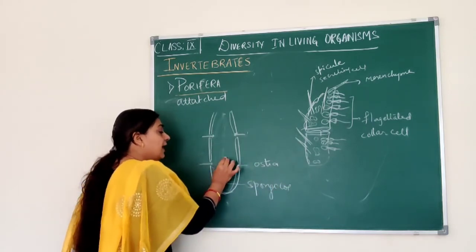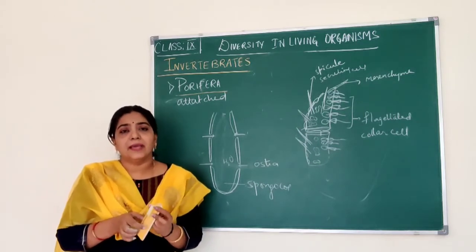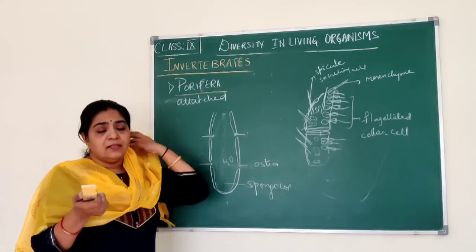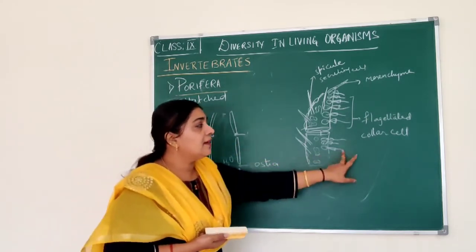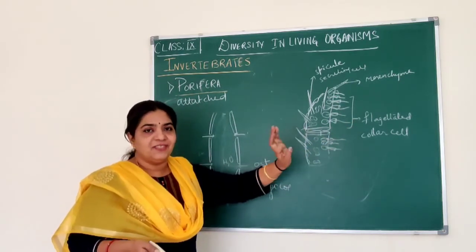So the water will enter inside this cavity, carrying tiny organisms. When the water enters, those tiny organisms are trapped by the flagellated collar cell. That's the function of this cell.